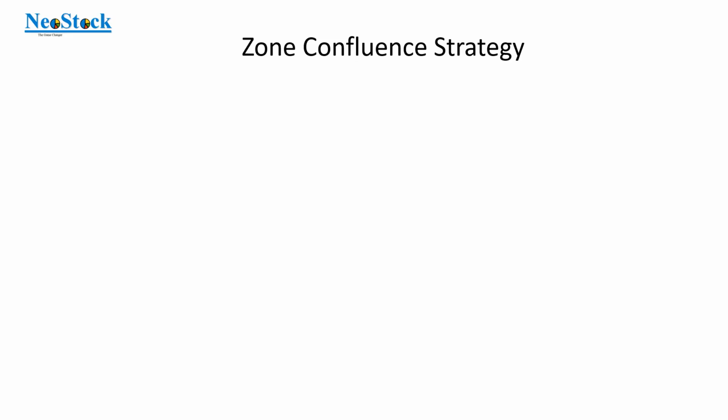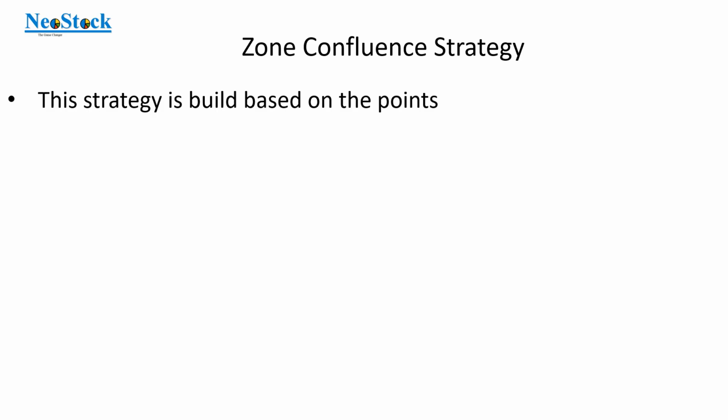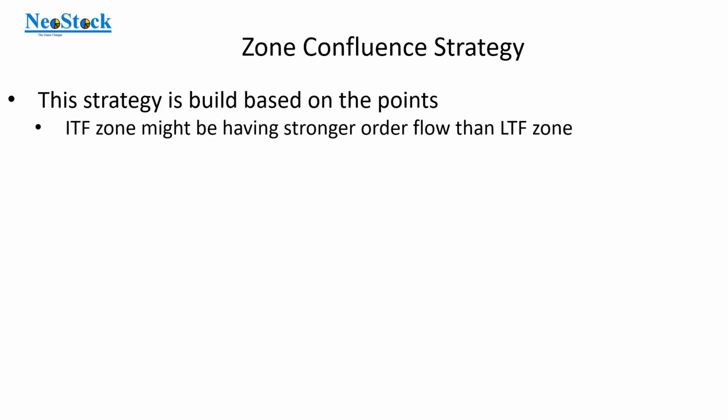Okay, let us try to understand these strategies with some important points. This strategy is built based on these points. The ITF zone might have strong order flow compared to the LTF zone, because the LTF zone is a lower time frame. So always, higher time frame order flows are much stronger compared to lower time frame zones in general.